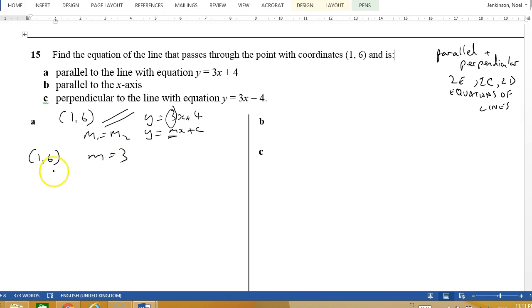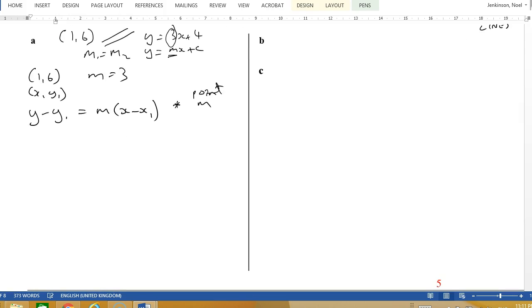Now the point (1, 6) we would call (x1, y1), and we're going to put it into the formula for the equation of a line, which is y minus y1 equals m times (x minus x1). We use this particular formula if we're given a point and we're given a gradient. And in this case, indeed, we are given a point and a gradient.